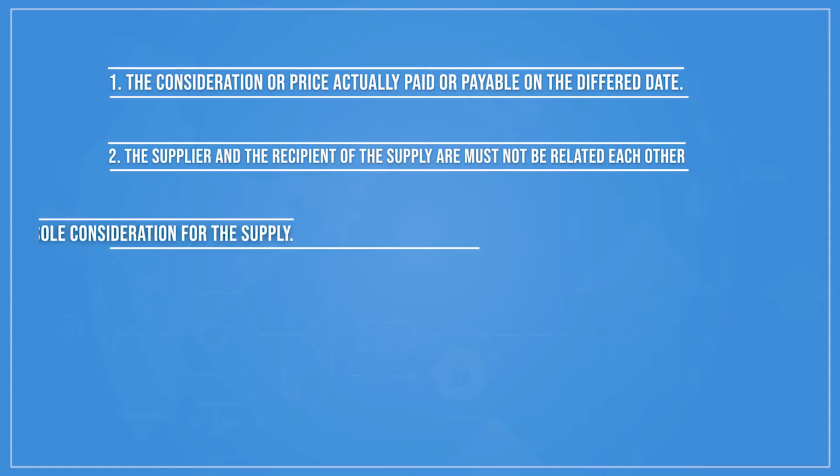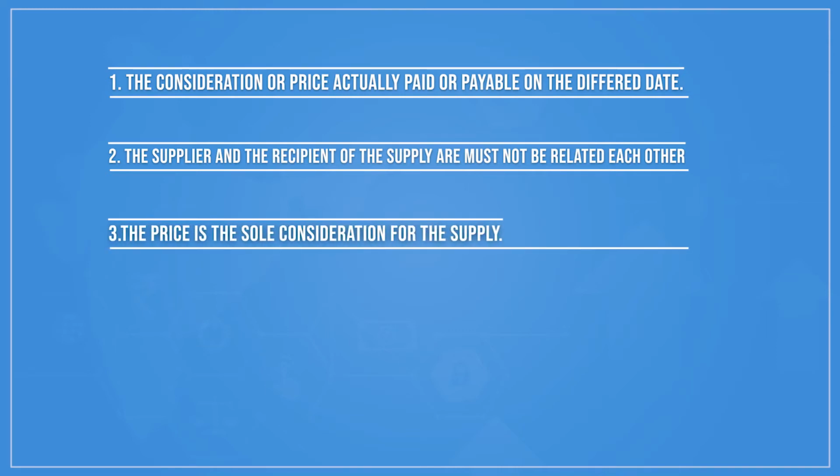Number 3, the price is the sole consideration for the supply. For the purpose of determination of correct value of supply made by the registered person, the CGST Rules 2017, that is rule 25 to 37, can be referred to when value is not determinable under section 15 subsection 1.